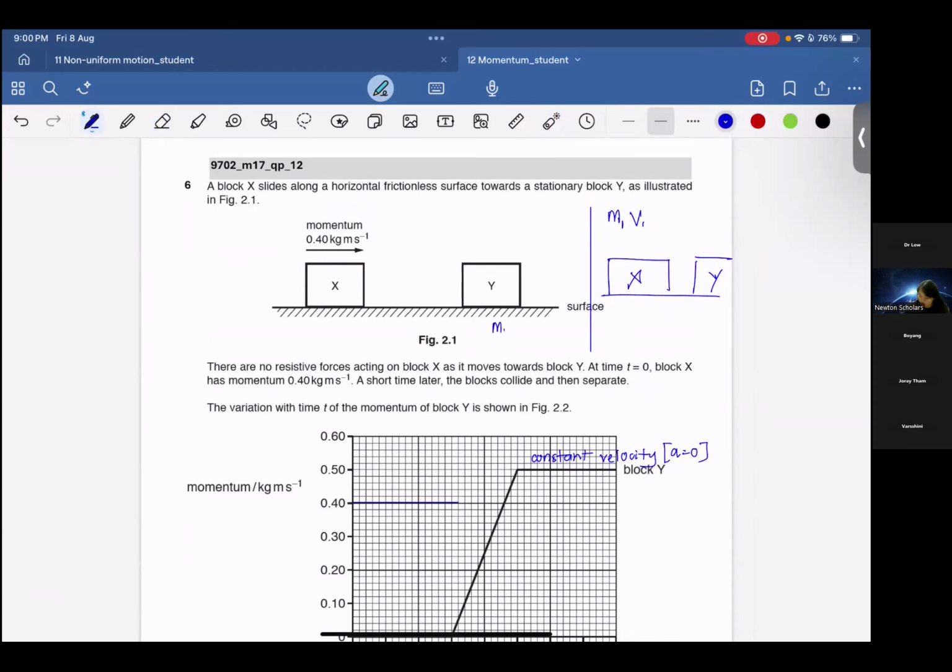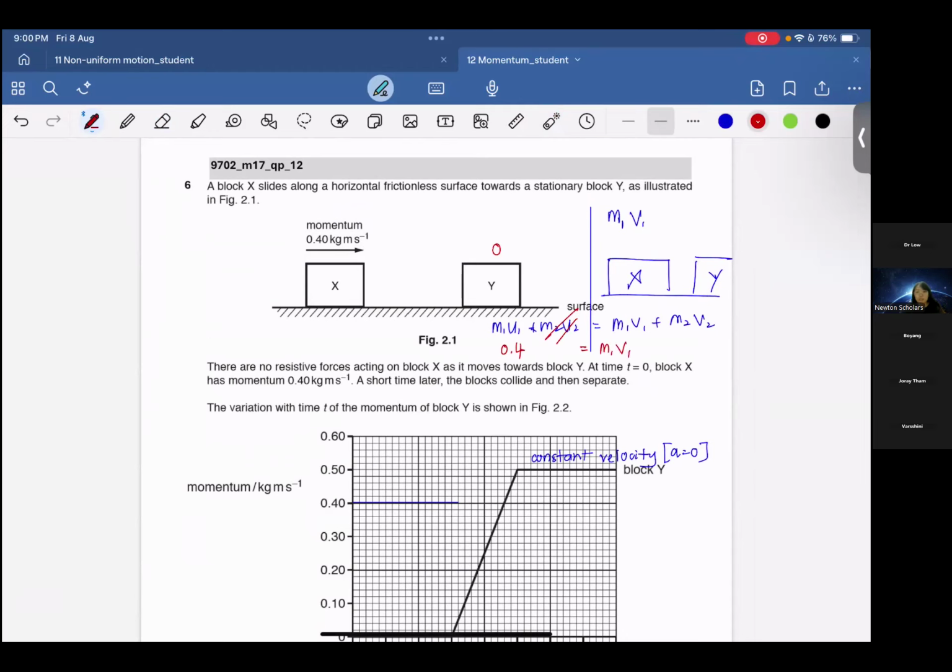So before, M1 U1 plus M2 U2 equals M1 V1 plus M2 V2. This one is starting not moving, so this is 0. So this is 0.4 equals M1 V1.